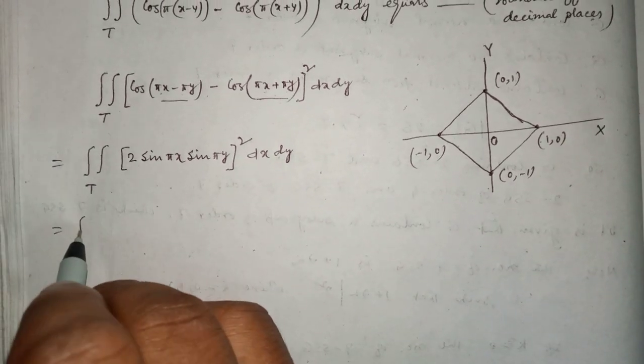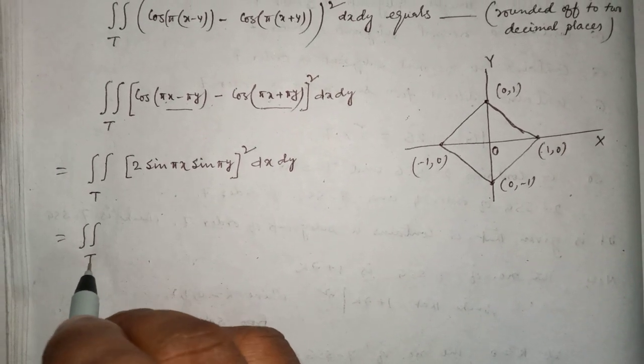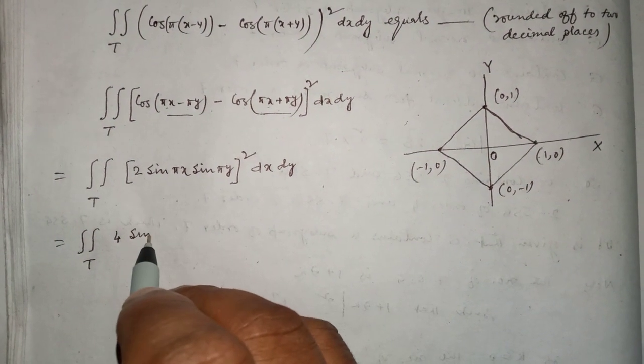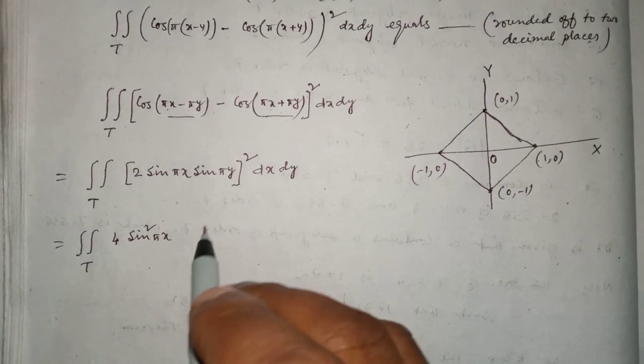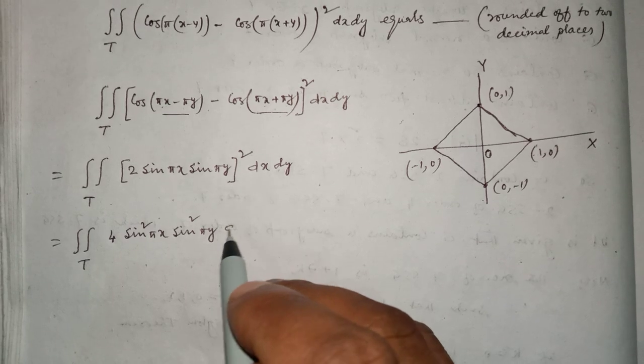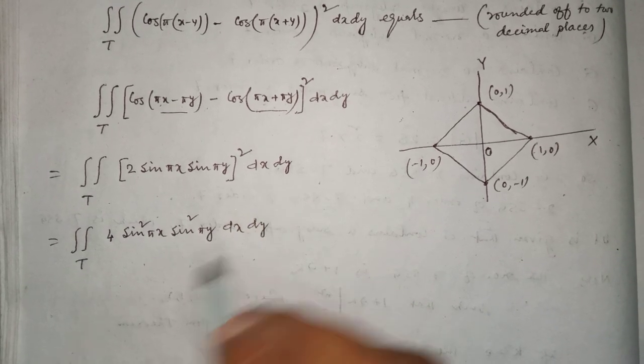This equals the integration over T of 4 sin square πx into sin square πy dx dy.